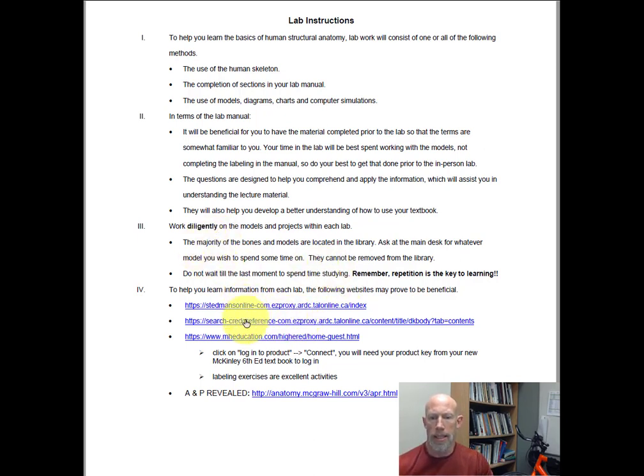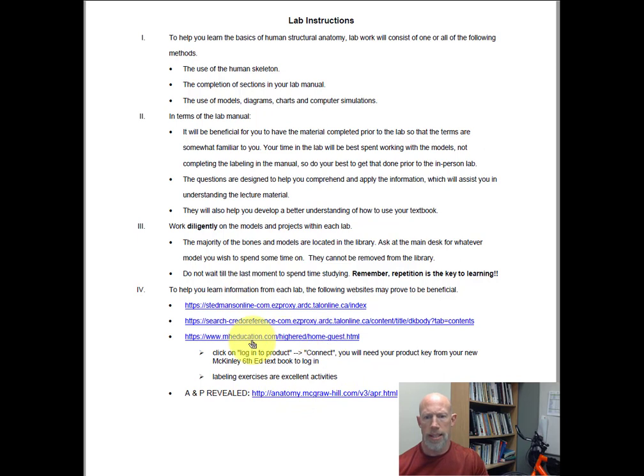There are some links in this document as well, some of which are just Red Deer Polytechnic. The library has some anatomy and physiology websites and so on that you can access here.